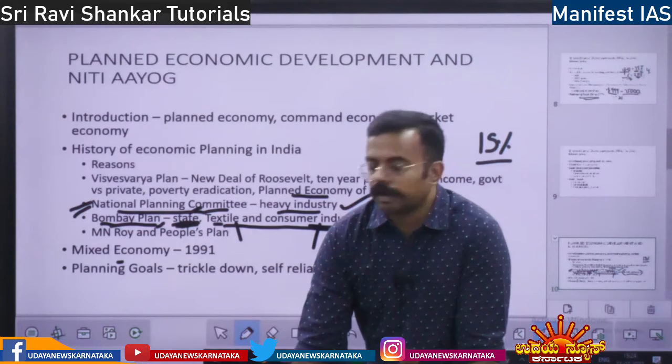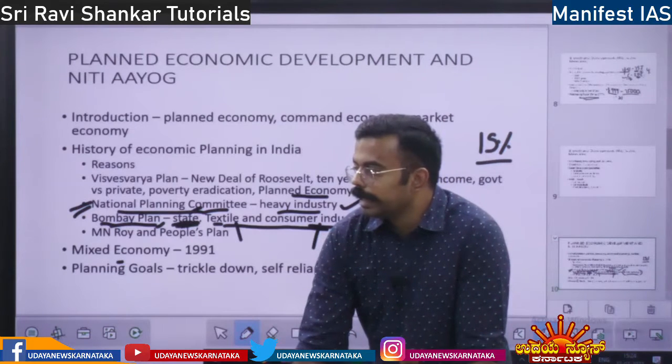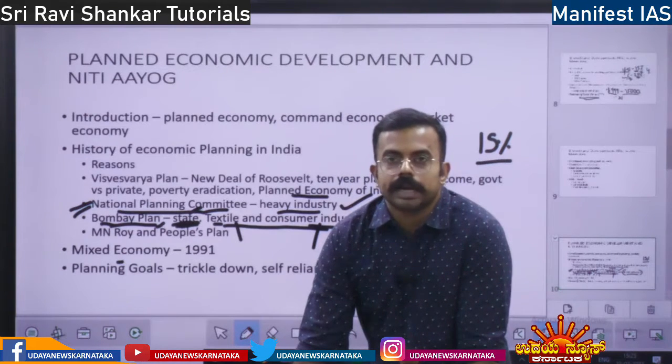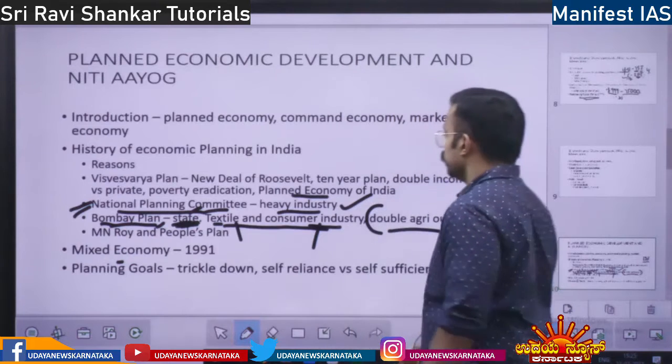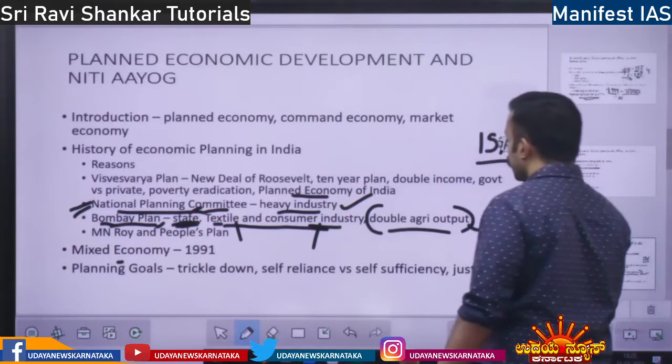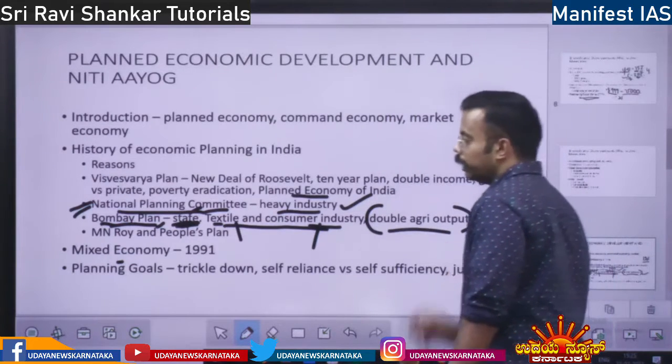There would be no food to eat then. People will be dying of hunger, right? So because of which this plan says agricultural output should be doubled, right?